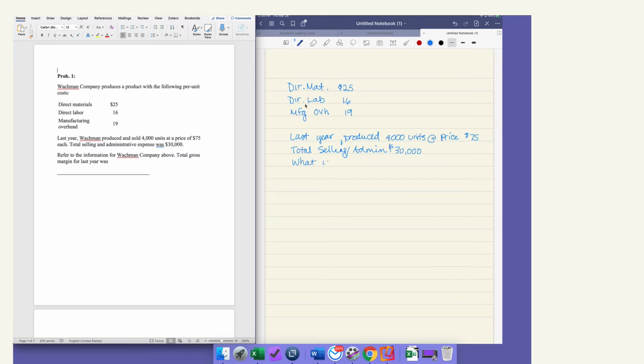Here's the thing. Remember that I said I wanted to teach you guys how to set up these problems, because that seems to be a challenge for you all. So the first thing we need to do to set up a quantitative problem like this is to remember what gross margin actually is. If you don't remember, this is from our financial accounting unit.